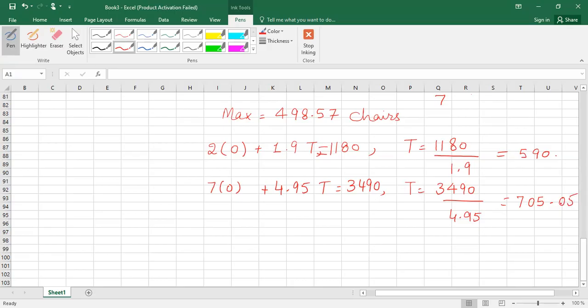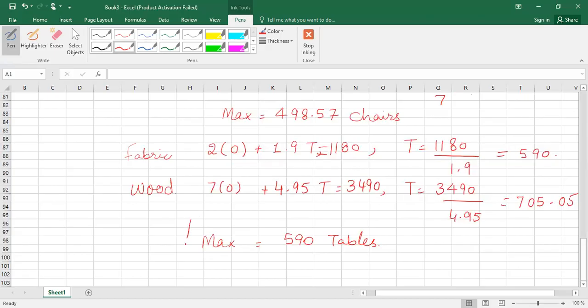Again, if my fabric is ended after the production of 590 tables, then how can my wood produce 705 tables? So the maximum tables we can produce is the lowest number, which is 590. This is where I allocated all the resources to one product.